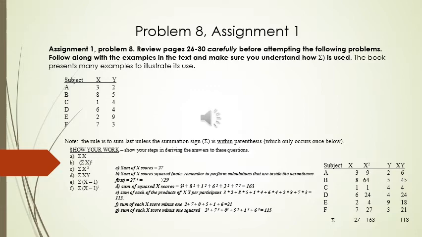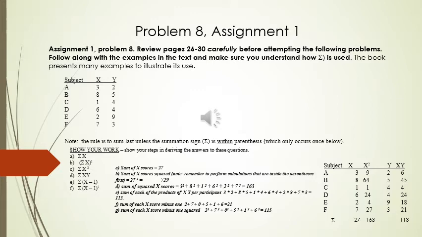C, sum of x squared. There's no parentheses. So this is a very different operation than the one we just did, even though they look quite similar. That lack of parentheses makes all the difference in the world. So for the sum of x squared, we sum last. This is telling us to take each x score and square it, and then sum those squared values together.